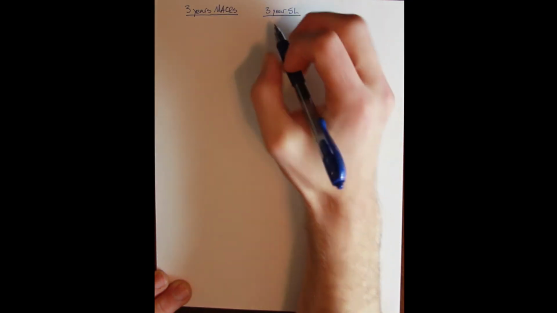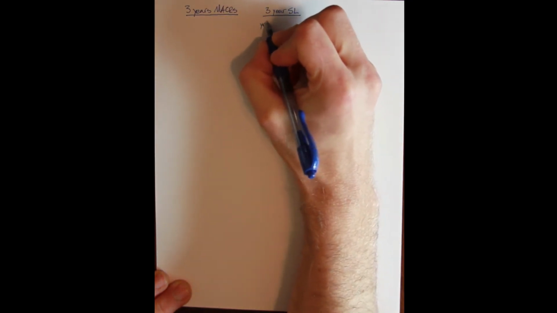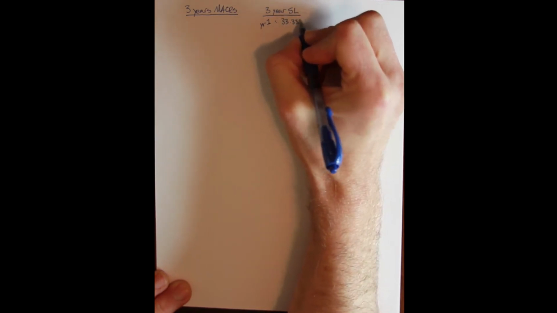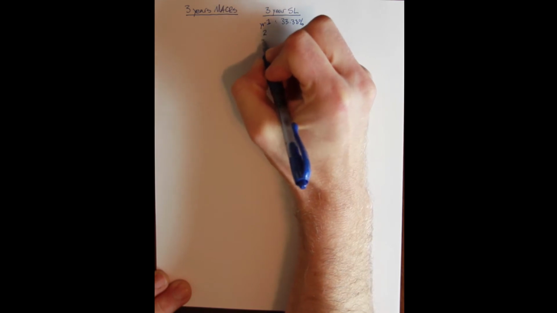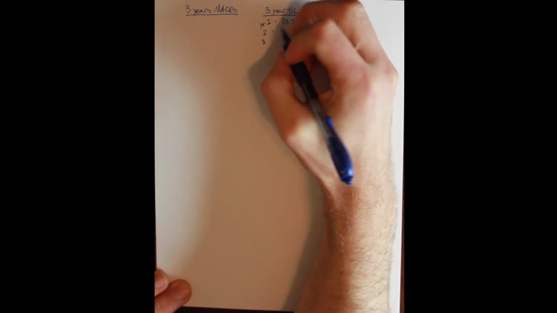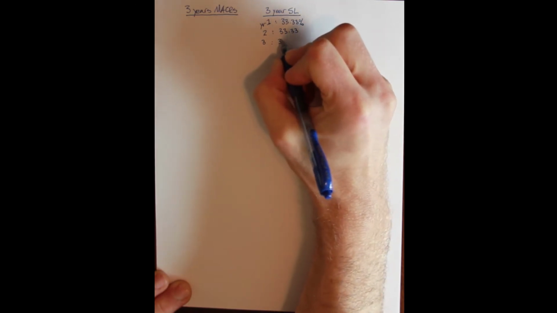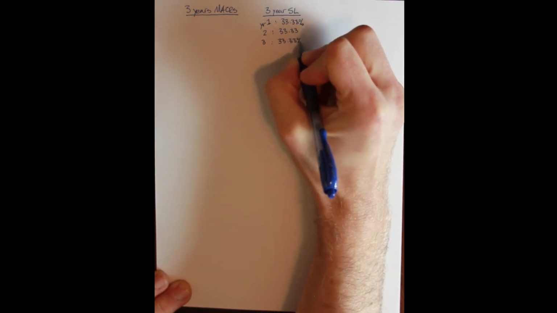So if I was going to depreciate an asset for 3 years straight line, then I would depreciate that asset by 33.33% in the first year. And because it's straight line, I would depreciate it evenly, so 33.33 in the second and third year. And that would be 100% depreciation here.